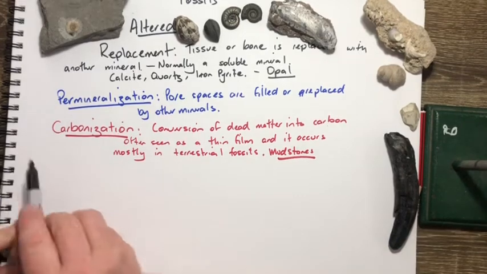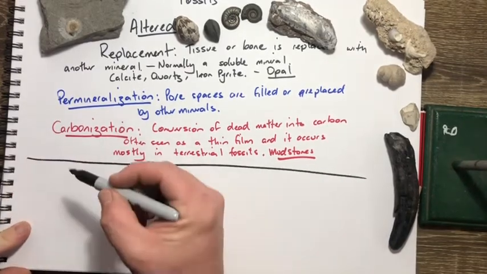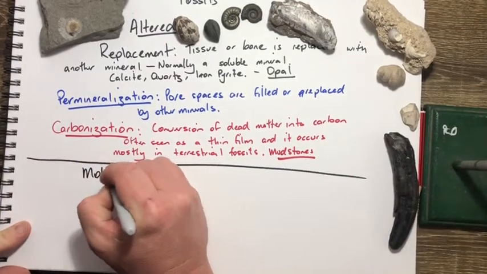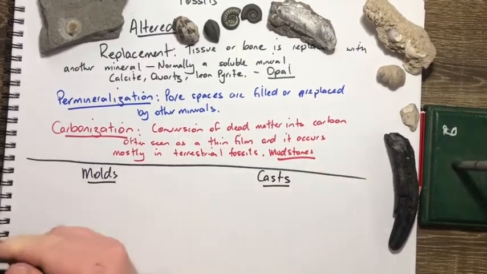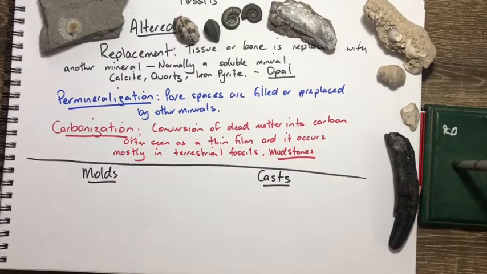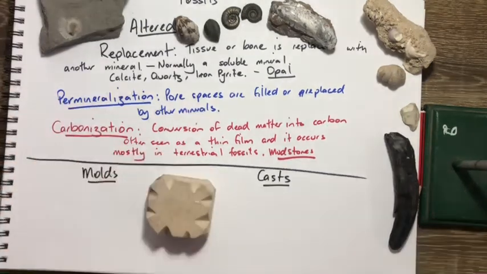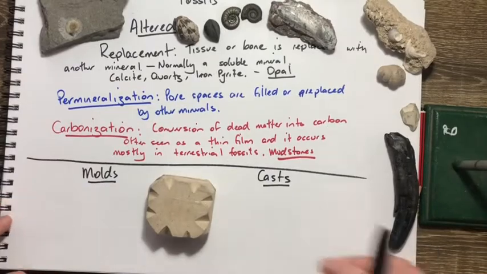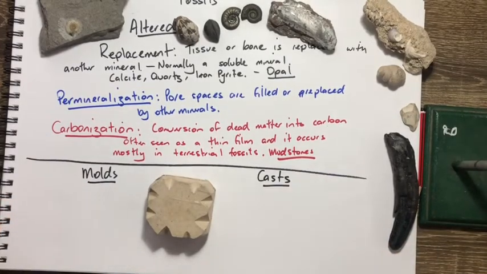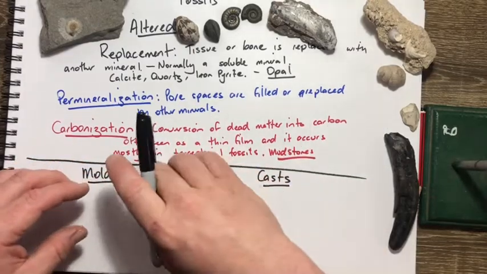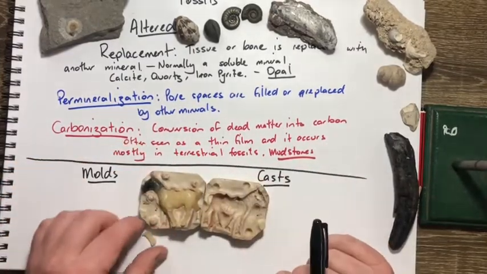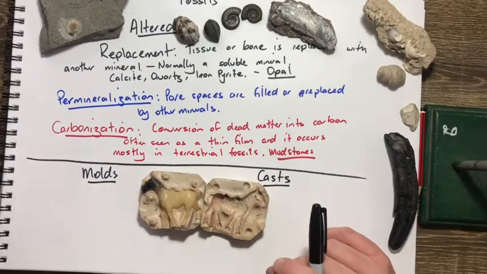So, molds and casts. I find a lot of students get confused with these. And to help, I've got a little thing that I bought while I was in Paris, and it's this little cast and a mold of a horse.